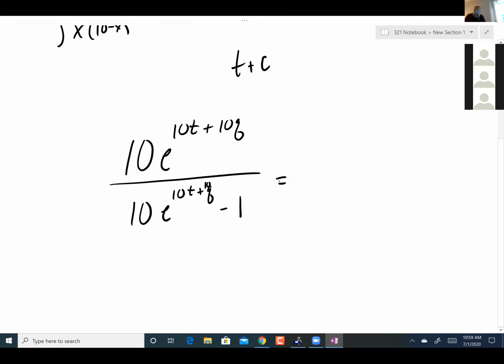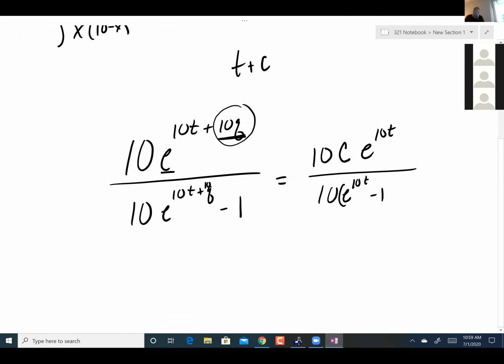Now, I will say this, just be careful when you're doing a problem like this. This right here, you've got e to this power right there. E to this constant power is what? Well, it's a constant. So you end up with this thing right here. This is the same thing down here. And then minus 1. The only problem I have with this is that negative sign sometimes pops out.